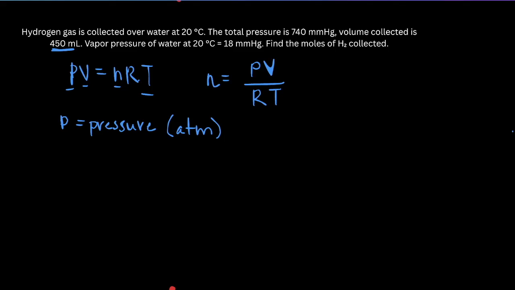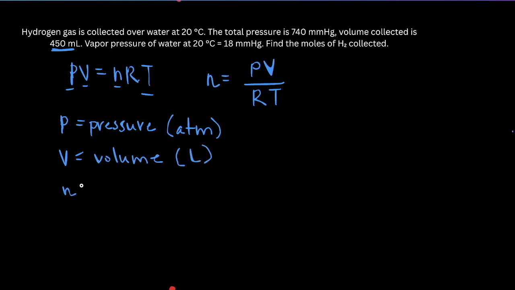If we do not use the correct units, we will get the wrong answer. So if we're not given the pressure in ATM, we have to convert to ATM. Our volume also needs to be in liters.